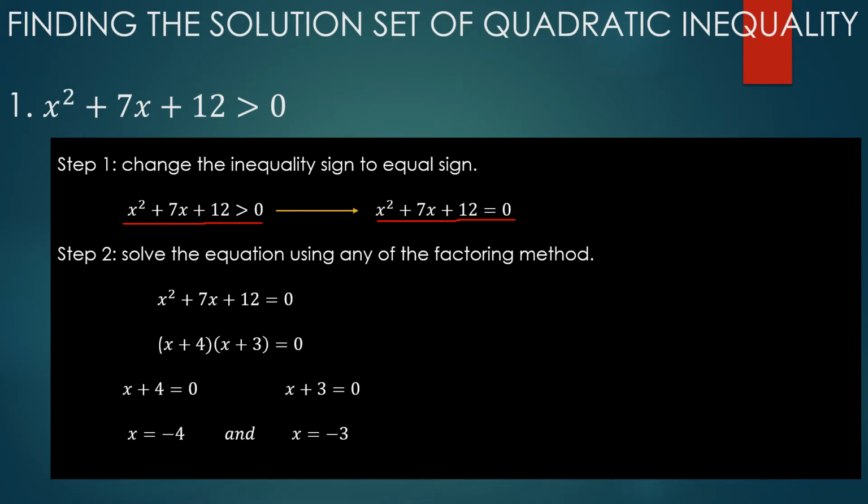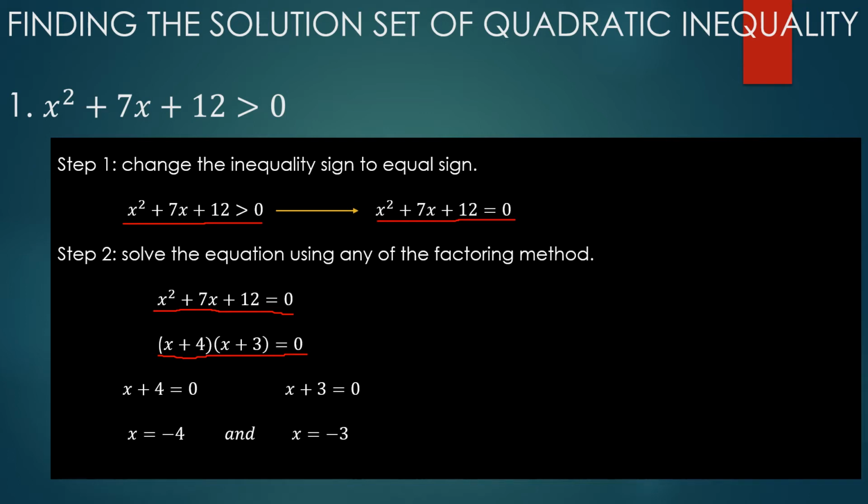So, from x squared plus 7x plus 12 equals to 0, magiging x plus 4 times x plus 3. So, bakit magiging ganyan? Kasi, ang 12, pag i-multiply mo yung 4 and 3, magiging 12 yan. Tapos, since addition man siya, pag i-add mo yung 4 and 3, magiging 7. So, yan na yung na-factor natin.